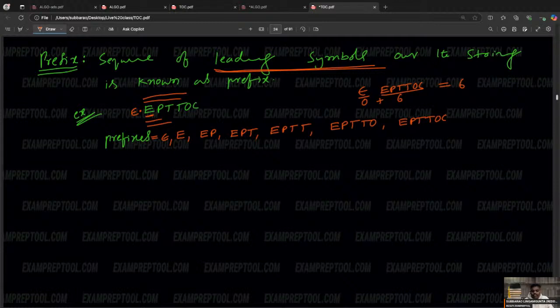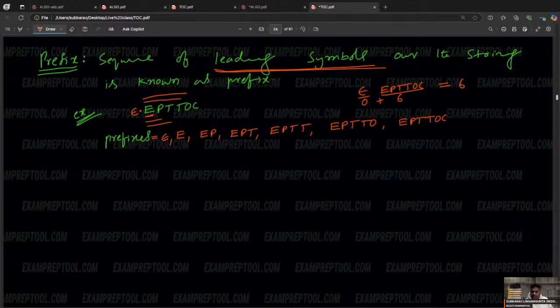So if anyone asks you, what is the meaning of prefix? If any string is given, if you want prefixes in that string, read from starting always. You can ignore the right hand side symbols. Always you have to read from left side.